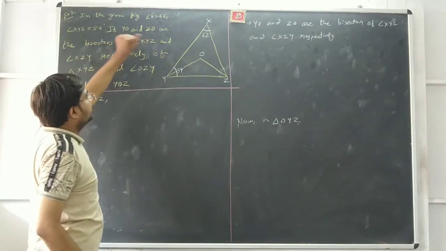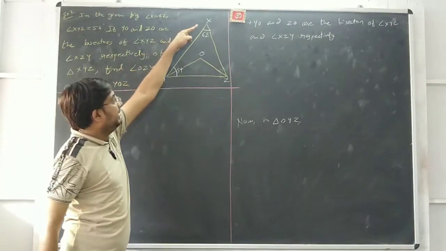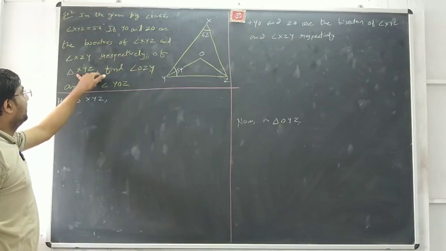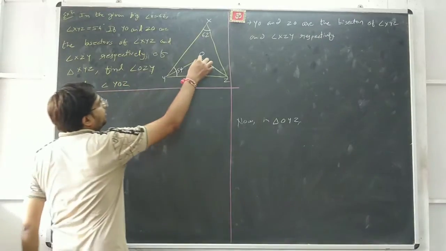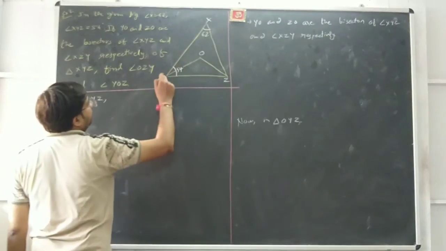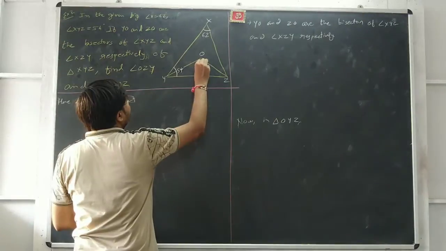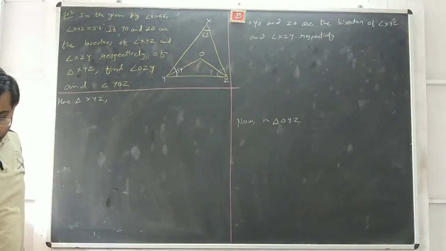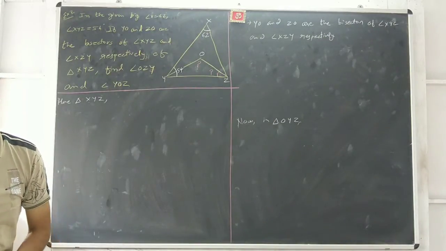Okay, if YO and ZO are the bisectors of angle XYZ and XZY respectively of triangle XYZ, find angle OZY and angle YOZ. These two things we have to find out, here question mark and here question mark. First of all, I can start.